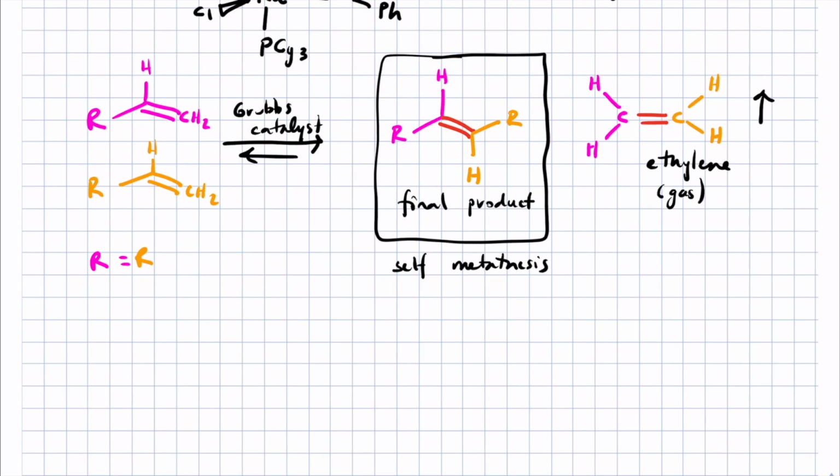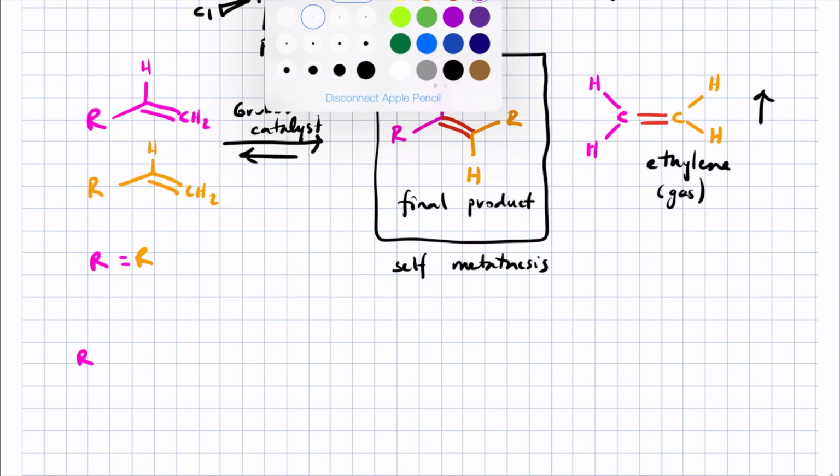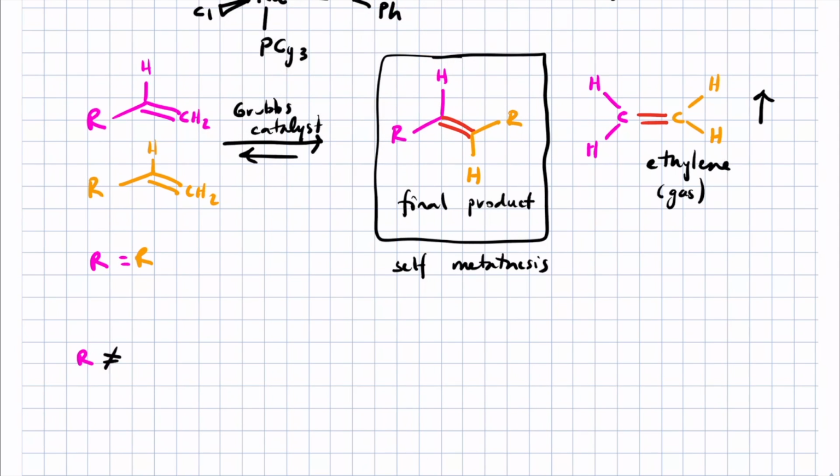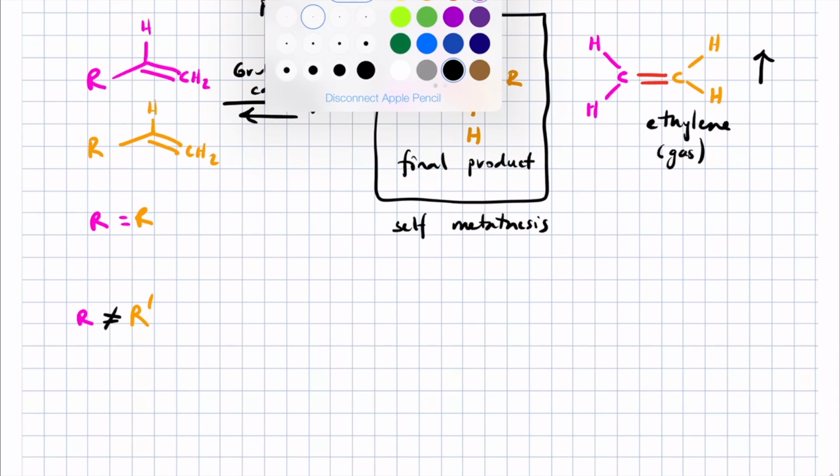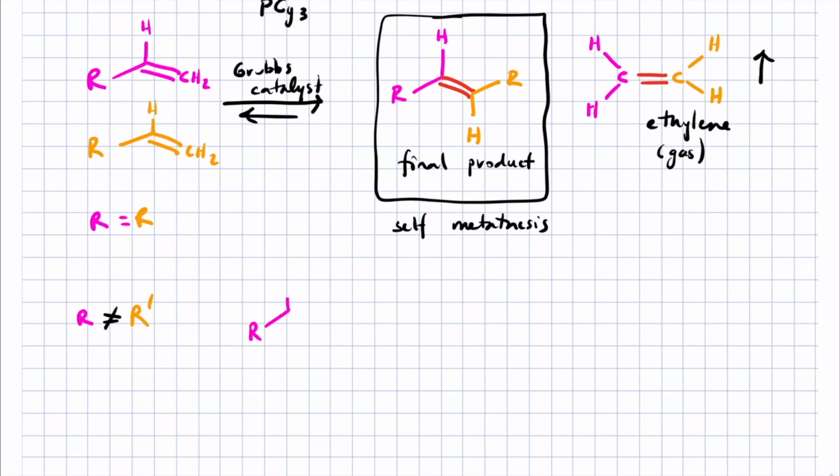For example, if pink R is not the same as orange R, then you would expect to get the following possible products.